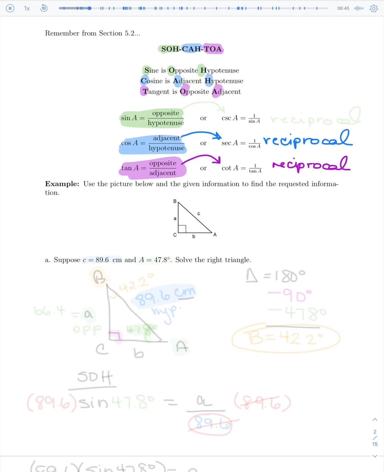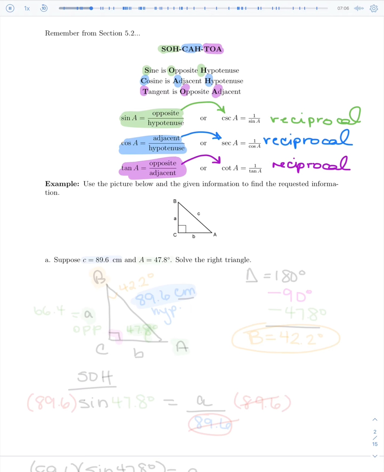That means 1 over whatever you had, or flip it upside down. And the reciprocal of sine is cosecant, excuse me, not cosine. Cosecant. So those are our three main trig functions, and which ones you can take the reciprocal of to find as well.